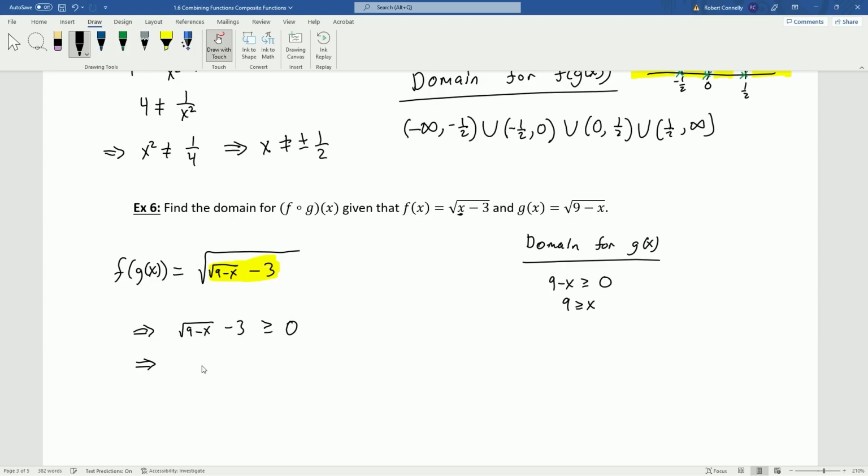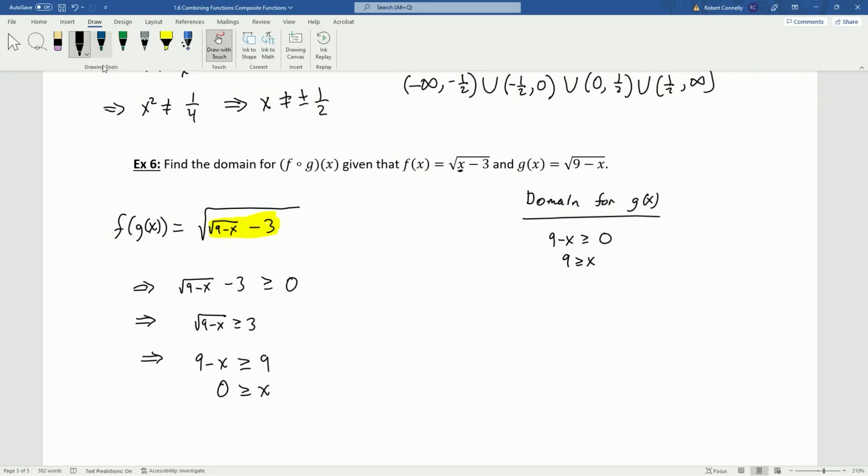So that implies that the square root of 9 minus x is greater than or equal to 3. And if I square both sides, that implies that 9 minus x is greater than or equal to 9. So if I add x across and subtract 9 here, then I get x is less than or equal to 0.